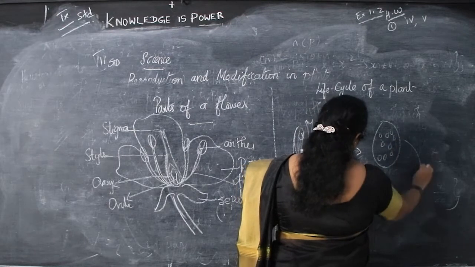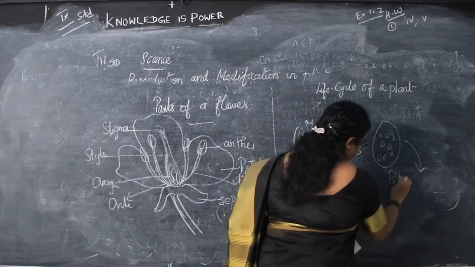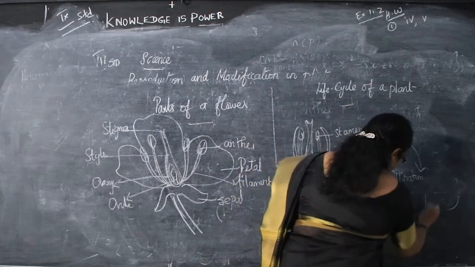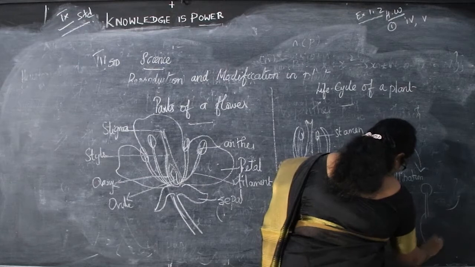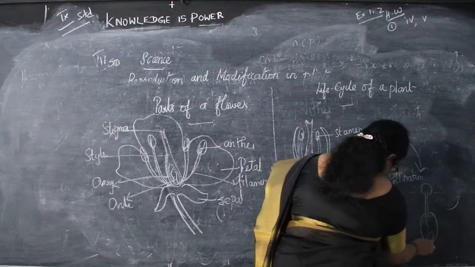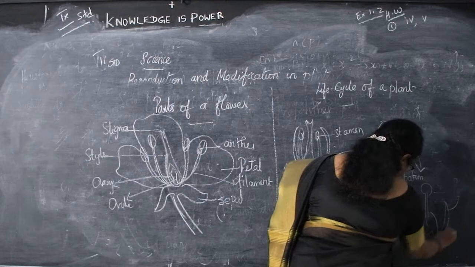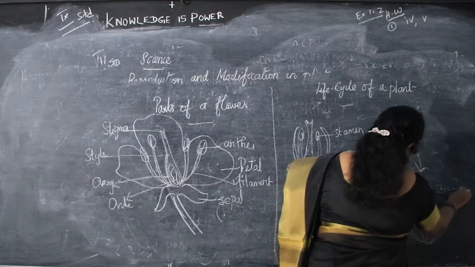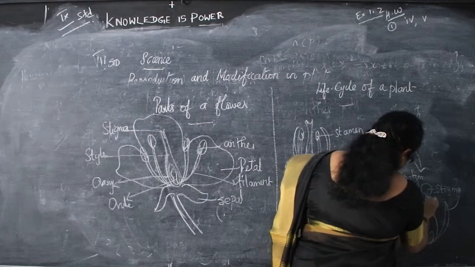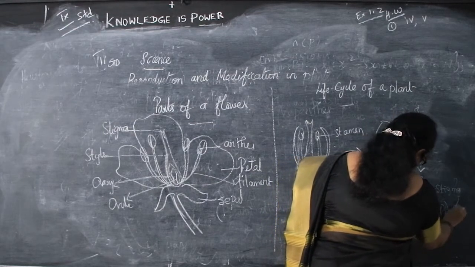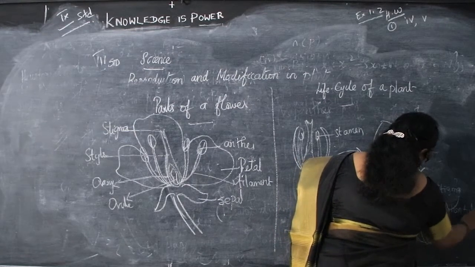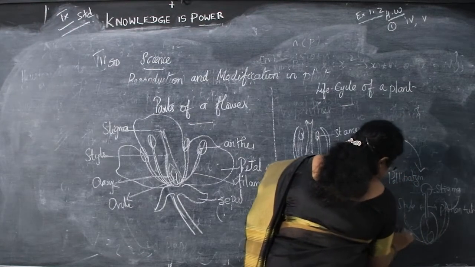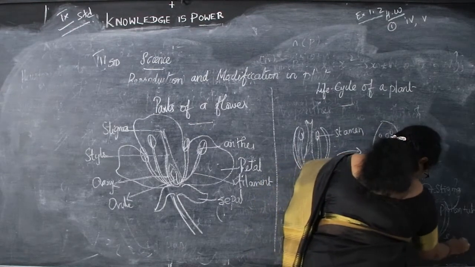This undergoes pollination. That is a pistil, so stigma, the pollen, this is the pollen tube, that is the style, so ovary, so egg.